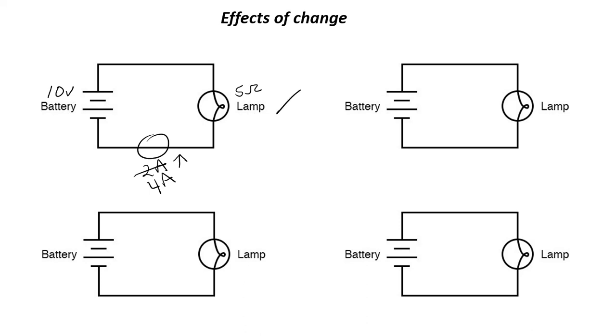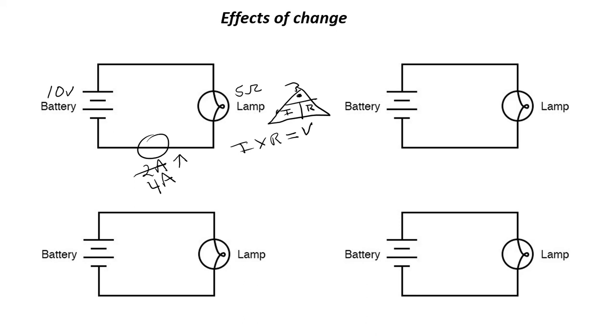So if we use our Ohm's law triangle real quick, we want to see what our volts is. So we're looking for that. That's a question mark. But we have our amps and we have our resistance. We can figure it out. So I times R equals V, right?